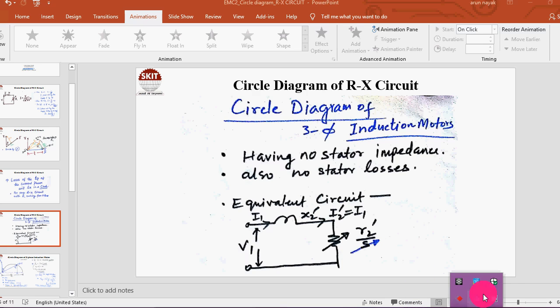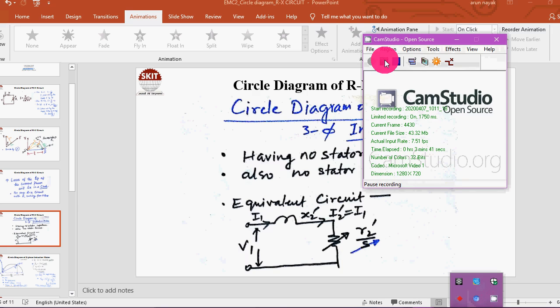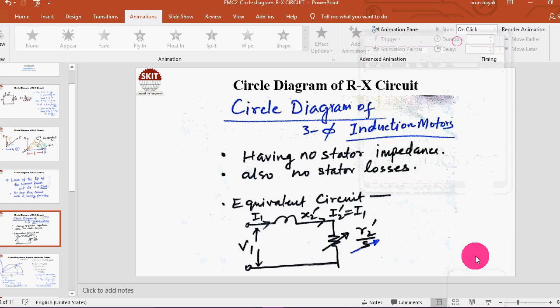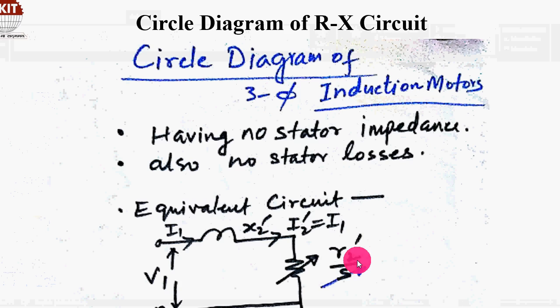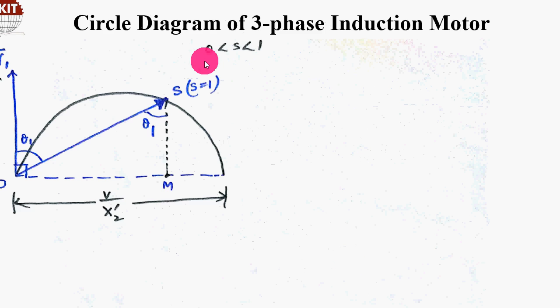Let me show you the full screen view. So in the circuit diagram, this resistive part is varying as the slip is varying. So if the slip ranges from 0 to 1, we will get a circle like this.